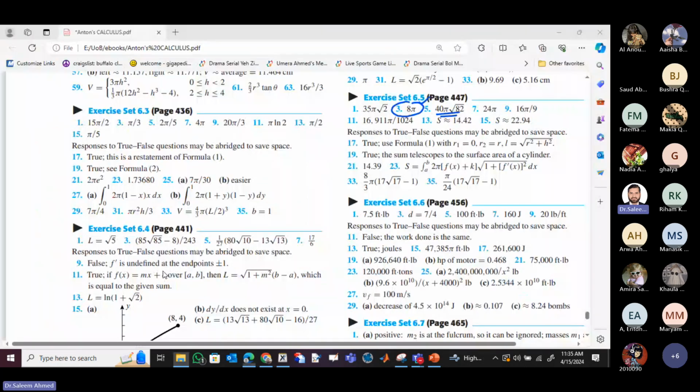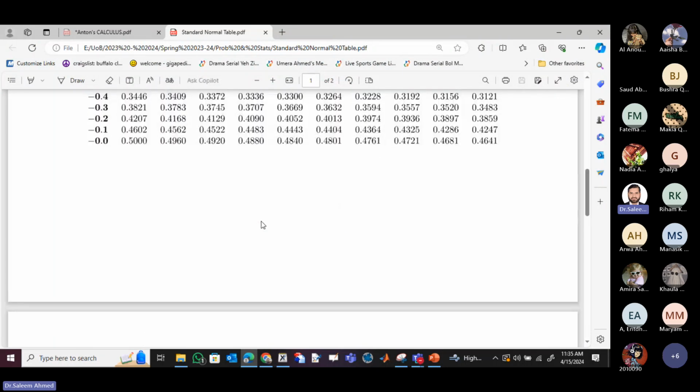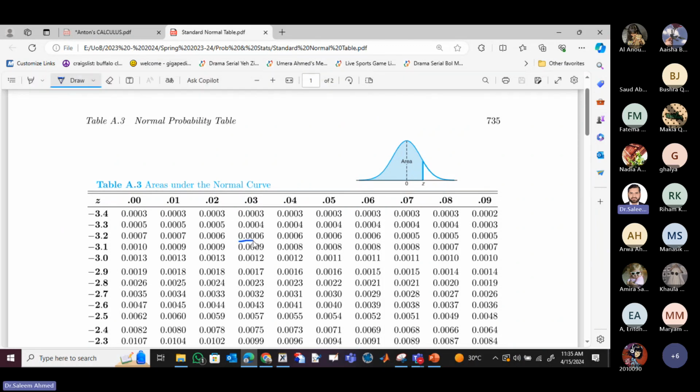This is the standard normal table which I uploaded there. If you look at the picture at the top, you see the area mentioned to the left. If any z value is given, the area is on the left. So let's say I look at this point. Z is minus 3.2 and here it's 0.03.